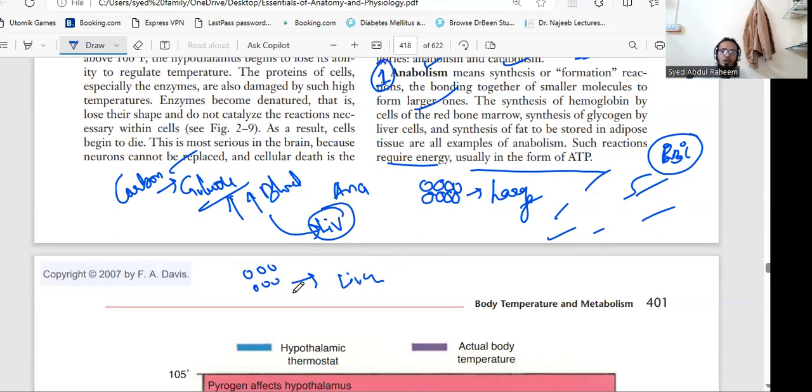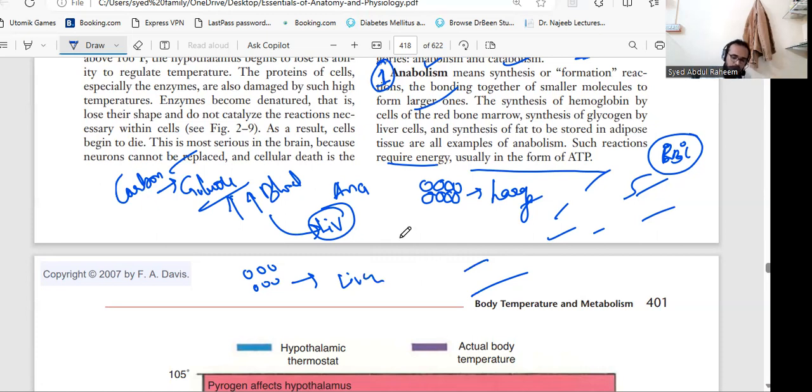So all the glucose molecules have to attach, and the liver converts the glucose into something else that is called glycogen. Okay, and also extra fat, whatever extra fat comes to the liver, is stored in our subcutaneous layer in the form of adipose tissue.